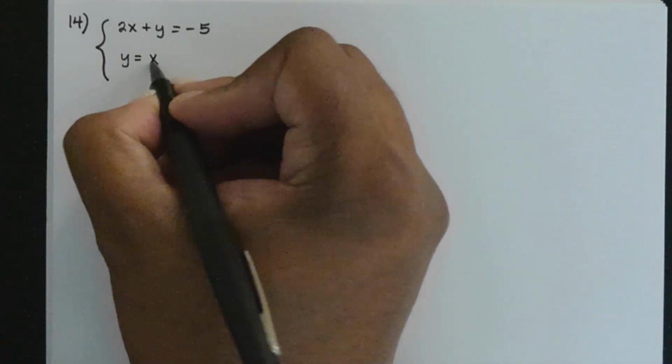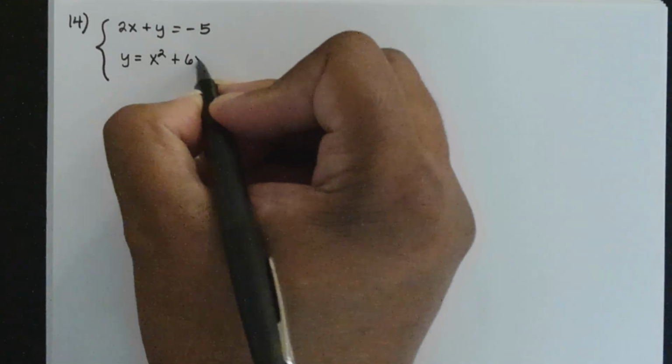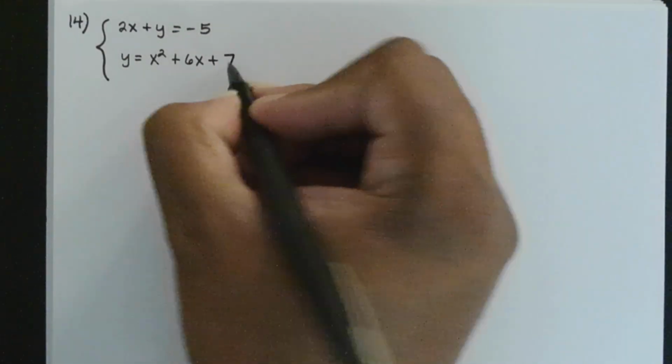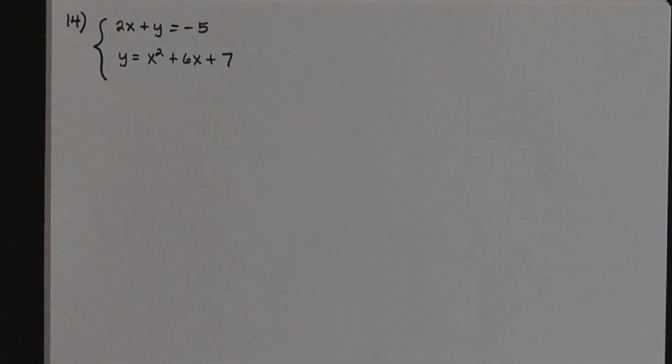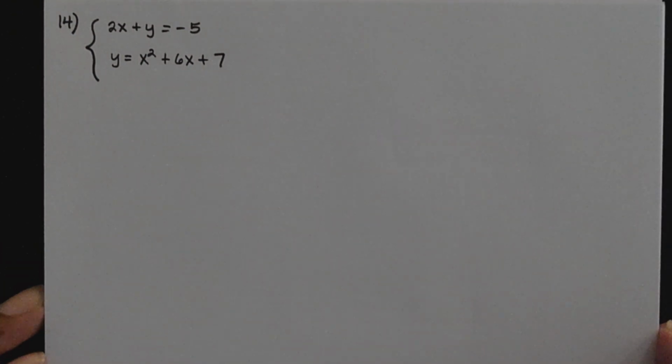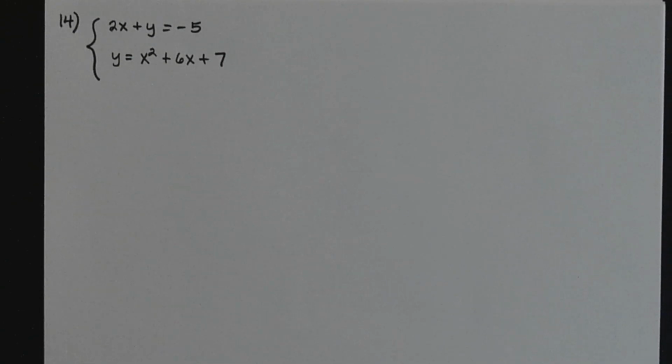The other one, y is equal to x squared plus 6x plus 7. And I want to solve this system of equations. And it does say use the substitution method. So on this one, you must use that substitution method in order to solve that equation.